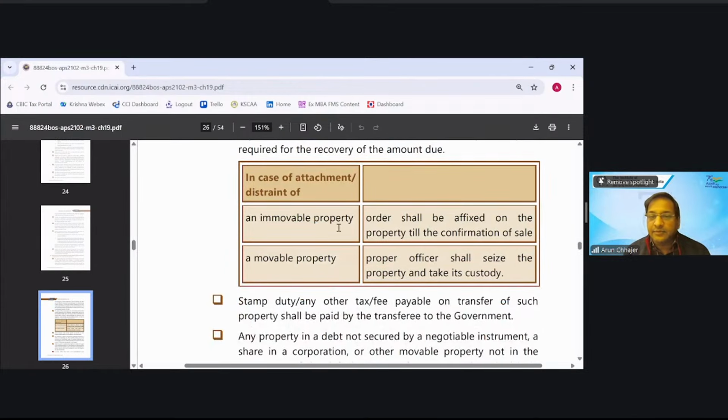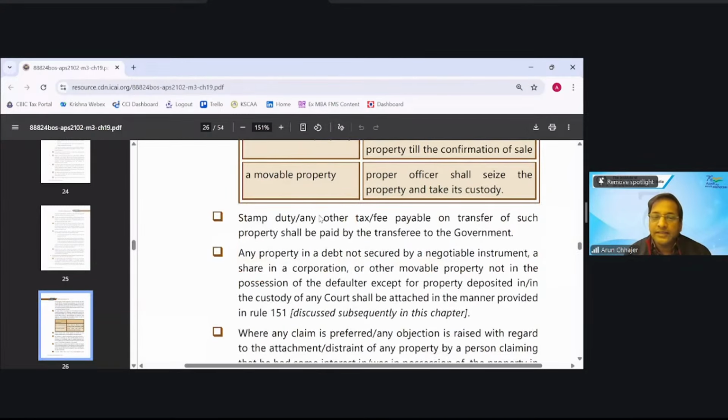In case of the attachment, movable property or immovable property. In case of immovable, the order shall be affixed on the property till the confirmation of the sale, and in case of movable, the officer shall seize the property and take it into custody. Stamp duty, any other taxes, fees payable on transfer of the property shall be paid by the transferee to the government.